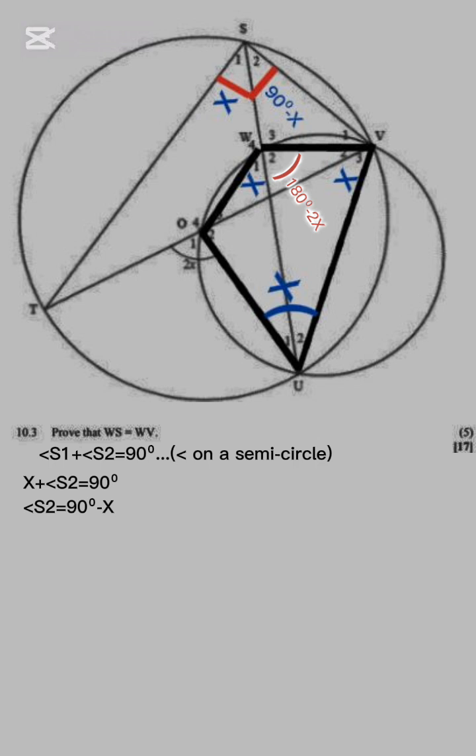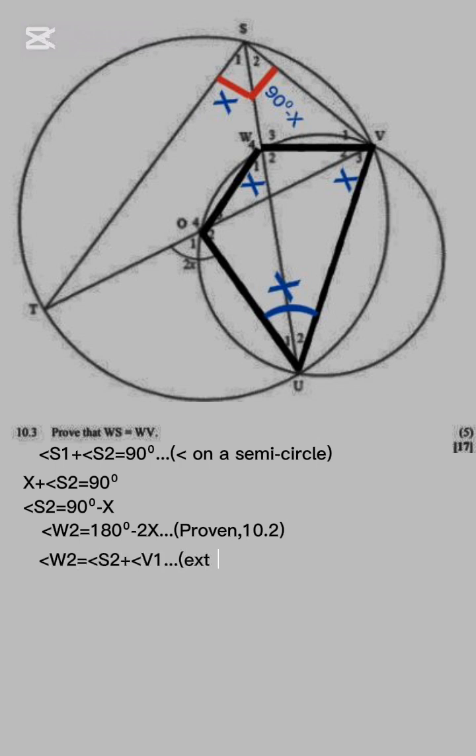So angle W2 is equal to angle S2 plus angle V1. Let's write everything down. We start with angle W2 is equal to 180 degrees minus 2x, proven in question 10.2. Angle W2 is equal to angle S2 plus angle V1. Reason, exterior angle of a triangle.